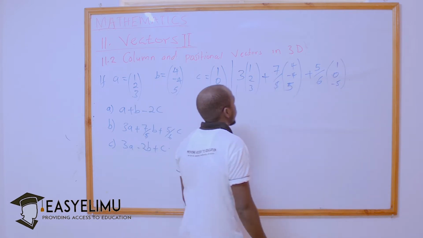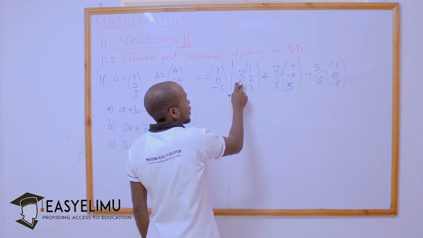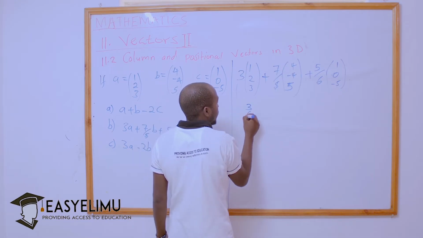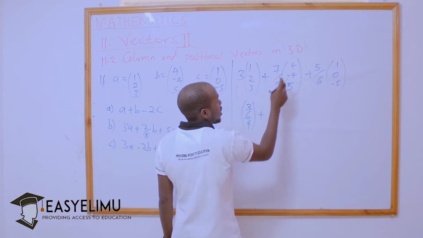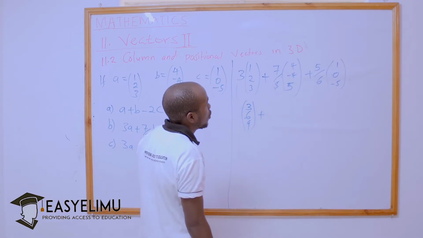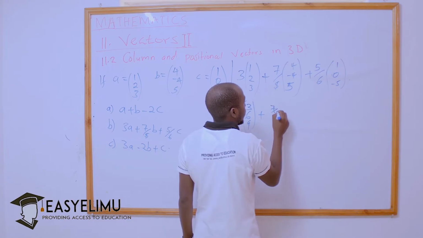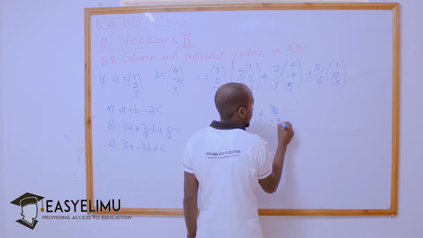So that is how it's done. If we simplify, or open the brackets, we shall find 3, 6, 9 for the first one, plus 7 over 4 for the first component of the second, and negative 7 over 4 for the next.